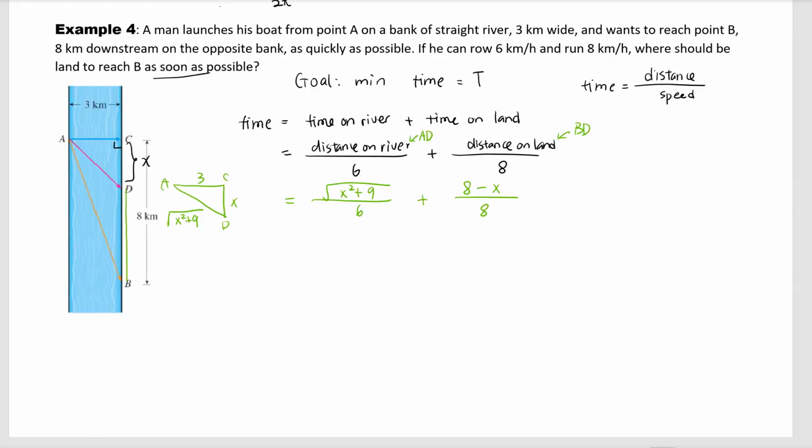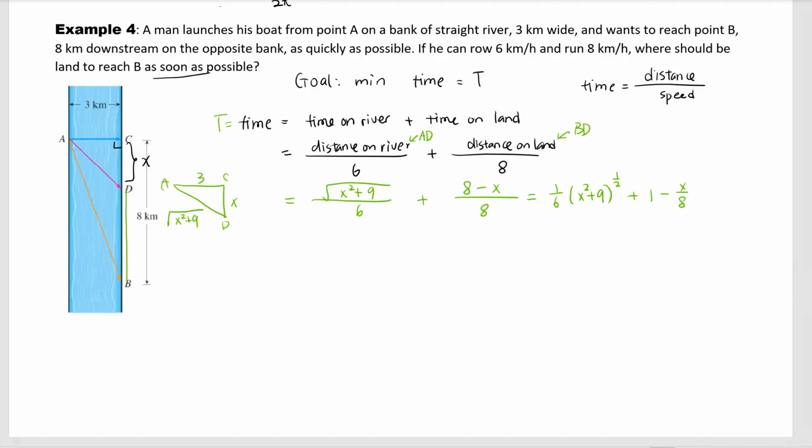Let's simplify it before we differentiate. So this is 1 over 6 times x squared plus 9 to the 1/2. And then here we can split: 8 over 8 is 1, and then we have x over 8. So time t is now a function of one variable.